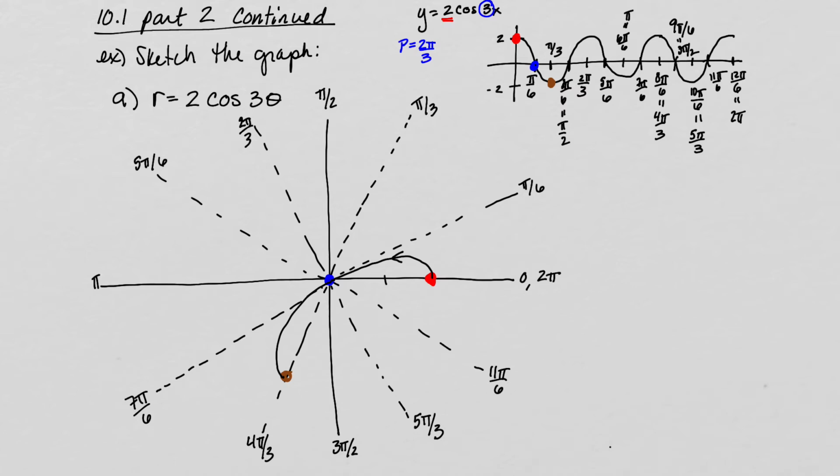Okay. So now if you think about this brown point here, this brown point has a radius of -2 and it's pi over 3. So when you go out on a spoke, when you're going out this way from the center on a spoke, you're going out the positive direction. But at pi over 3 on this spoke here, rather than go out the positive direction, I want to go out the negative direction.